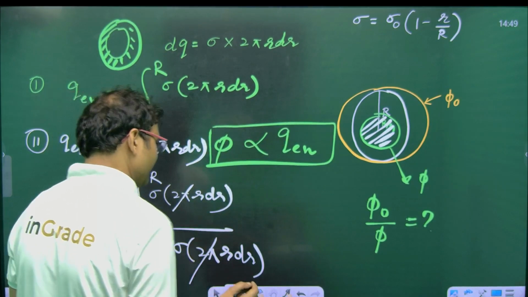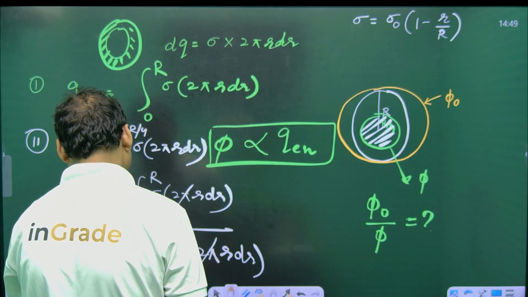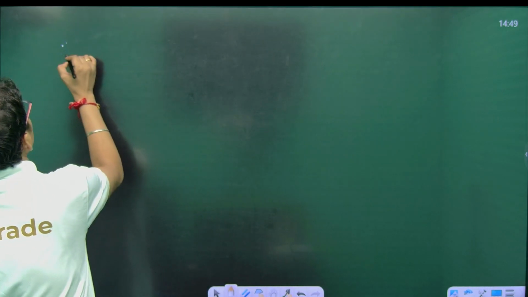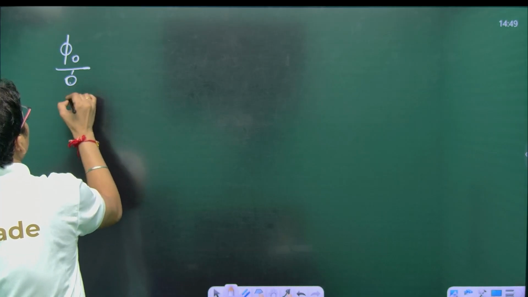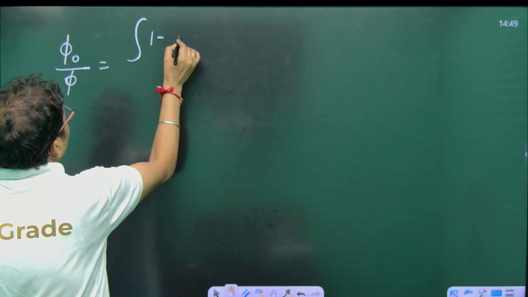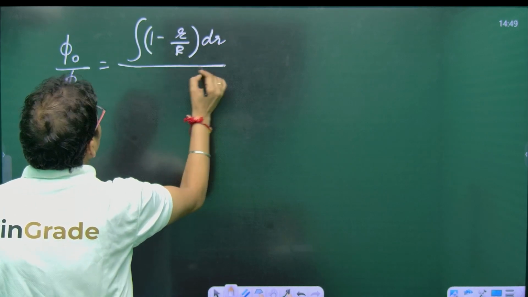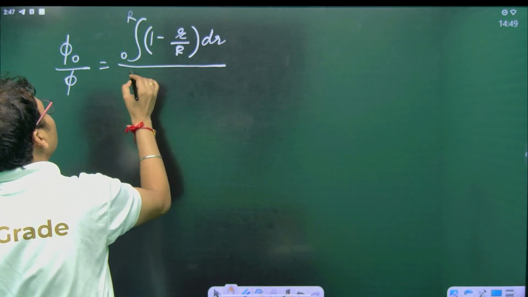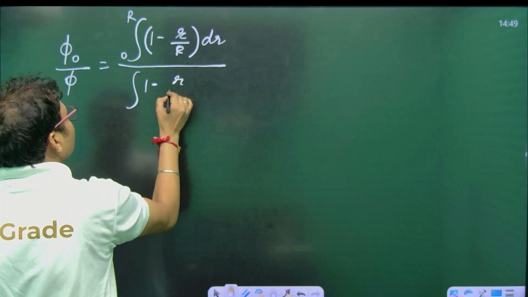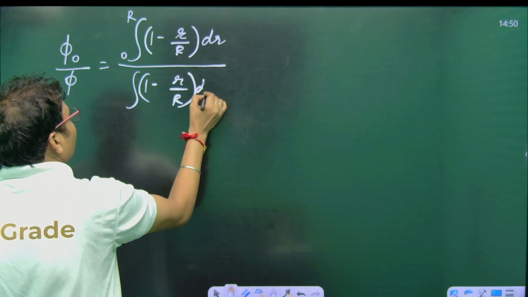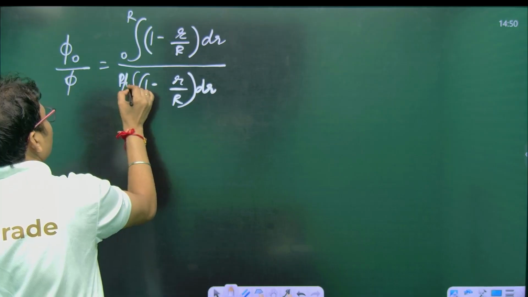Sigma naught will also get cancelled out. So if we simplify, phi naught upon phi will be the integration of (1 minus r by R) dr from 0 to R, divided by the integration of (1 minus r by R) dr with limits 0 to R by 4.